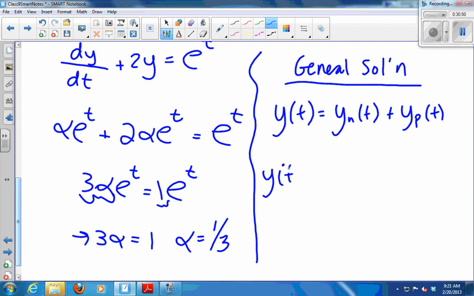So I'm going to have y of t is equal to k e to the negative 2t plus 1/3 e to the t.